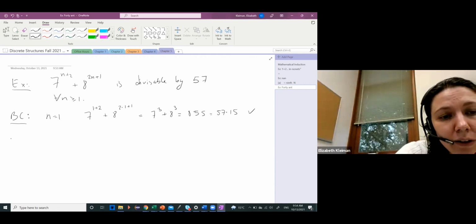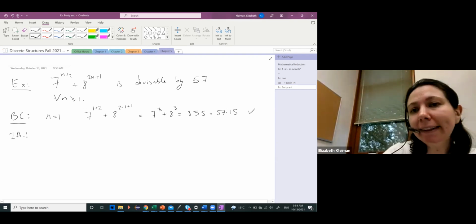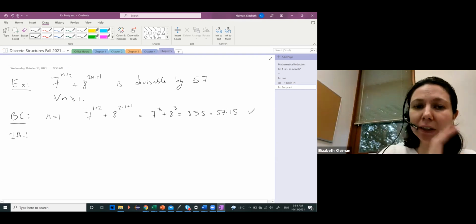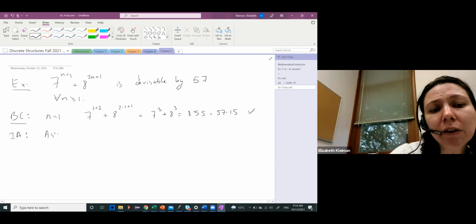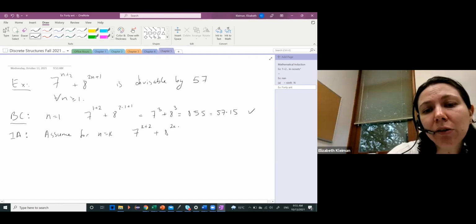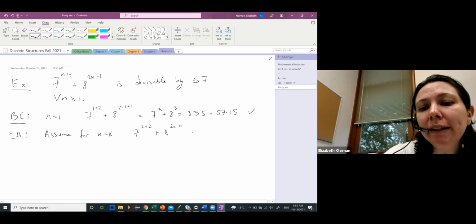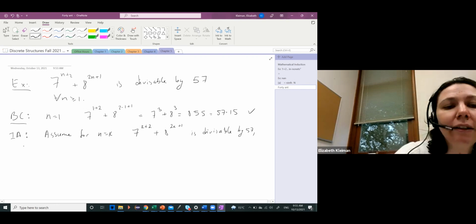Now I'm going to do the induction assumption. Mohammed, here is an assumption similar to the previous one, and this is what we're going to be using again. We're going to assume for n equal k, 7 to the power k plus 2 plus 8 to the power 2k plus 1 is divisible by 57.